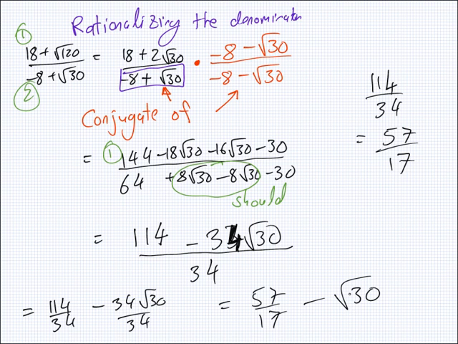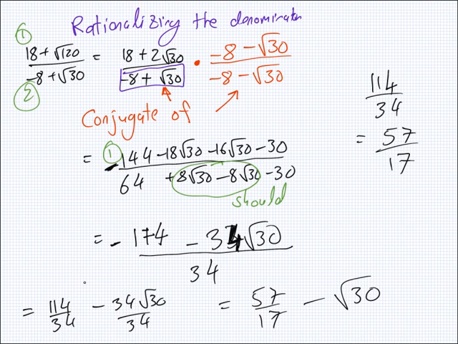No, something's gone wrong. What's 18? 18 times 8, is that 144? Oh, it's minus 8. So that's a minus. So that is minus 174, isn't it?